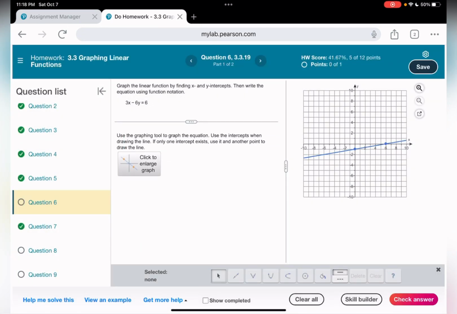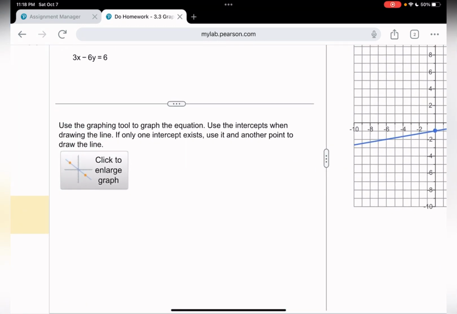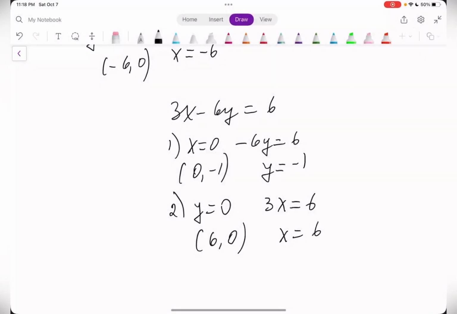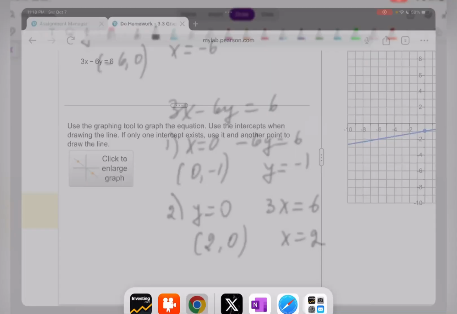What's wrong? Let me see. 3x minus 6y equals 6. Y is equal negative 1, and 3x is equal 6, so x is equal 2. Math and silly mistakes go hand in hand. 2 and 0, okay?